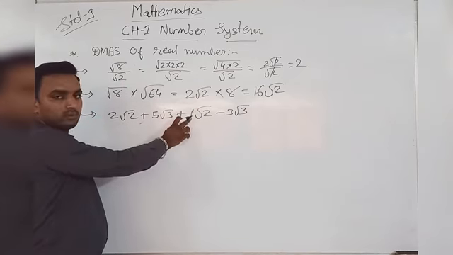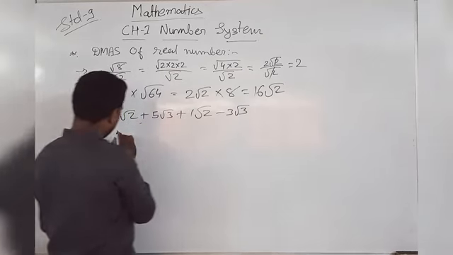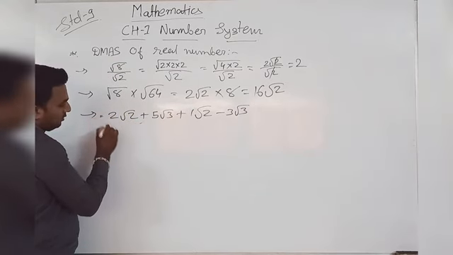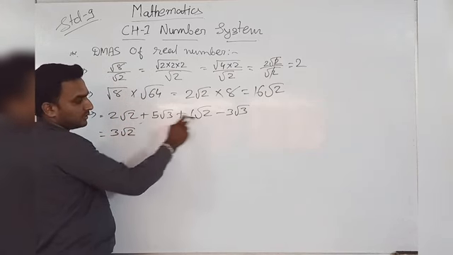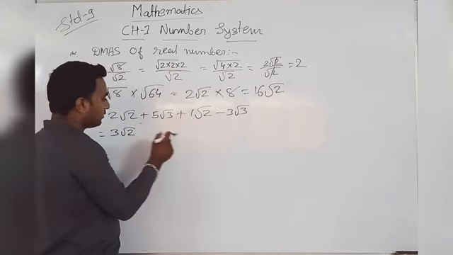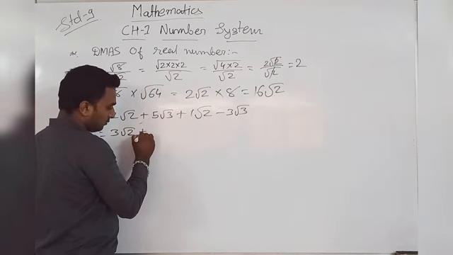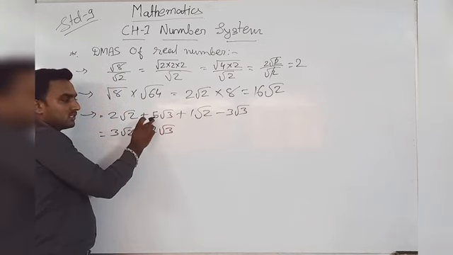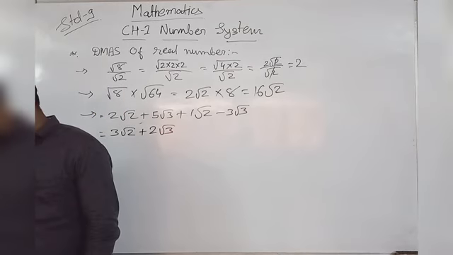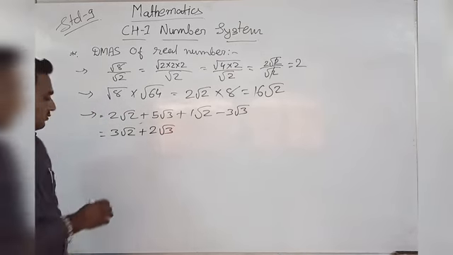Here nothing means 1. So 2 plus 1 is 3 root 2. And here 5 is plus, this is minus, so we have to do the subtraction. So 5 minus 3 is plus 2 root 3. Why is the sign plus here? Because this is the bigger number. Clear?